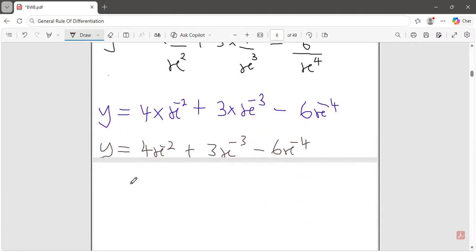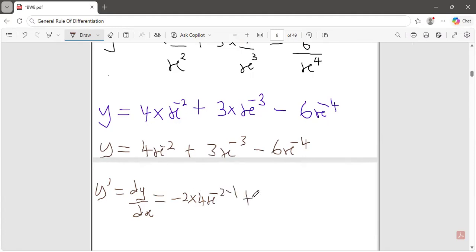So we are now going to start the main differentiation, and that is my y prime, which is the same as dy dx. It can now be expressed as: this 2 is going to multiply the 4, so it's going to be -2 times 4 x exponent -2 minus 1.